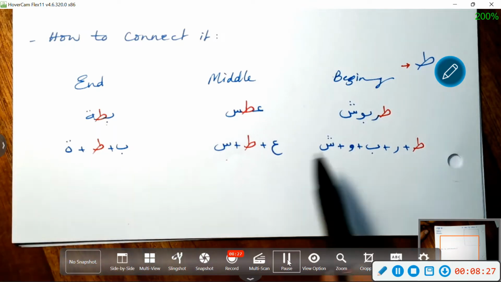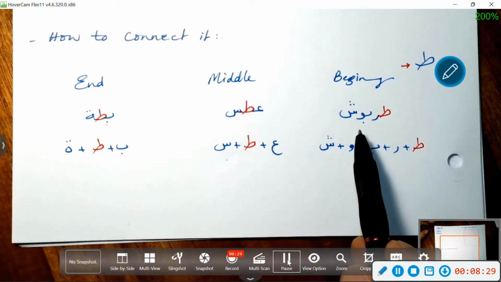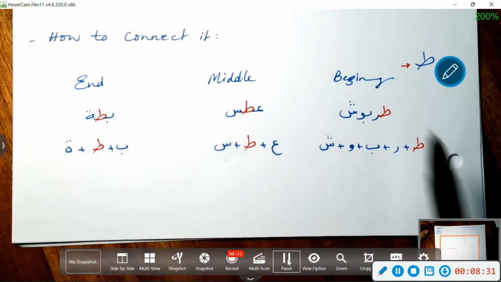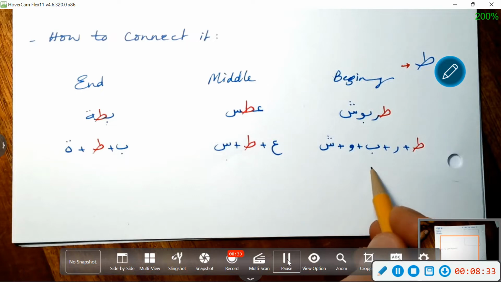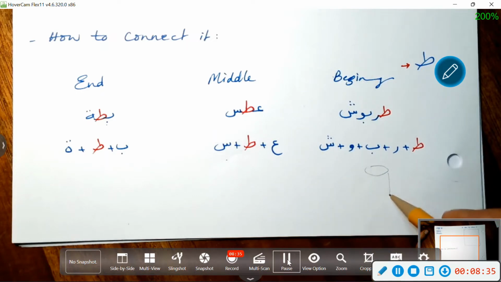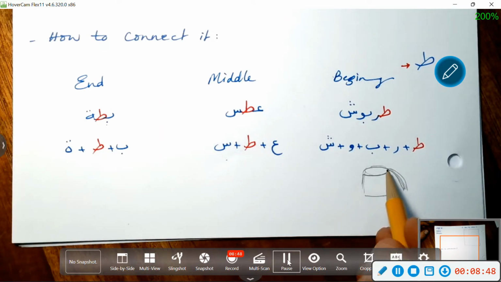So tarbush is a head cover that usually it's a traditional head cover that comes like this, and it has at the top here some kind of hair or fabric that looks like hair, and usually they put it over the head.